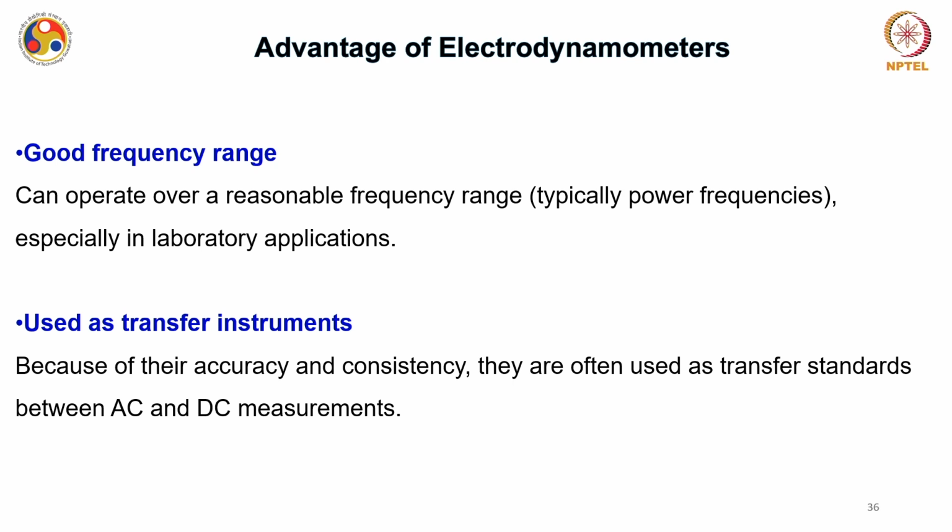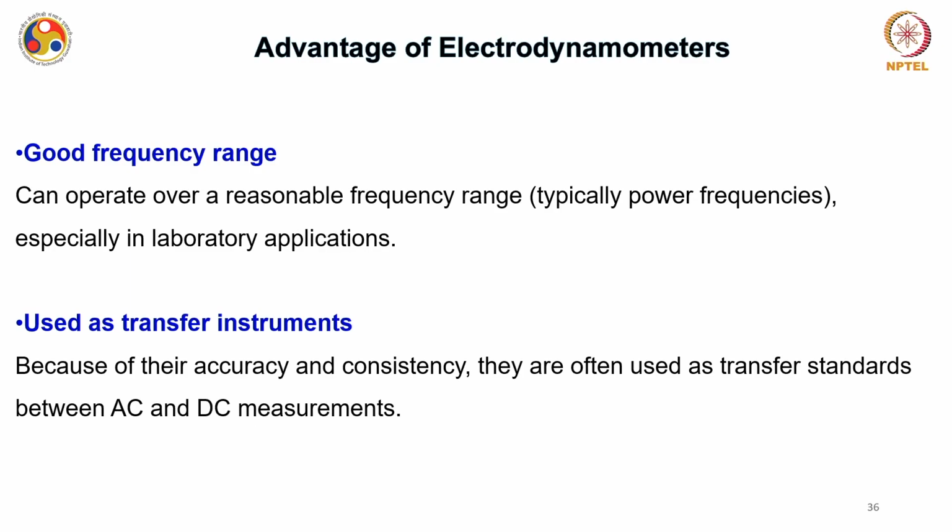Okay. They have a good frequency range, meaning they can operate over a reasonable frequency range, typically the power frequencies, at least in laboratory conditions. Okay. And they can be used as a transfer instrument. This is one of the biggest advantages of the electrodynamometers.